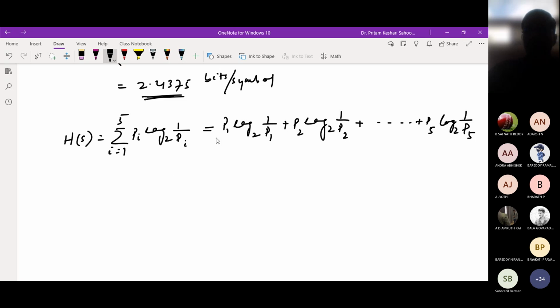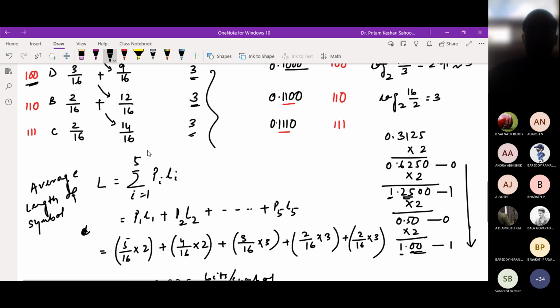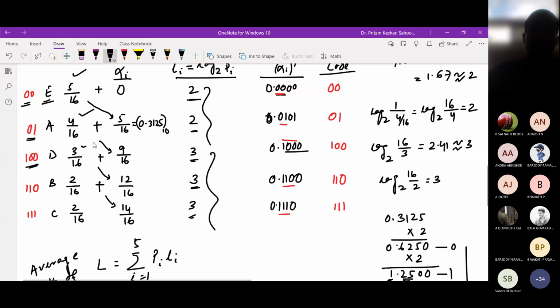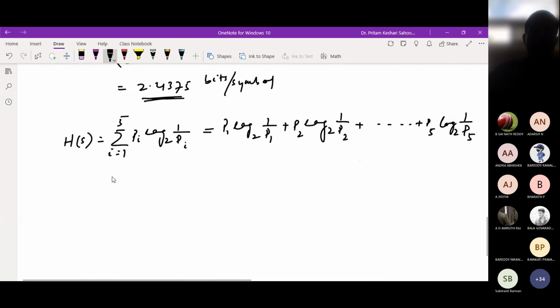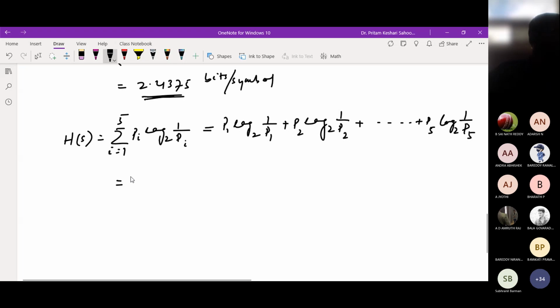P1, P2, P3, P4, P5, all values are given, so you only need to use the values and calculate. If you do this calculation, you will get H(S) equal to 2.2272, and the unit is again bits per symbol.